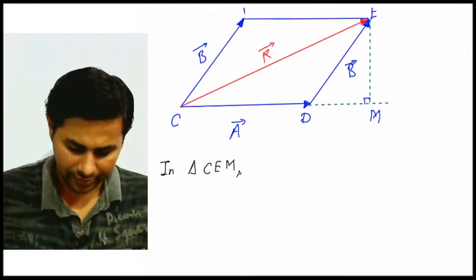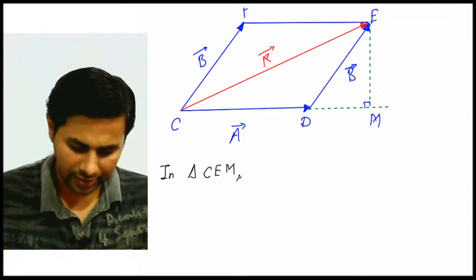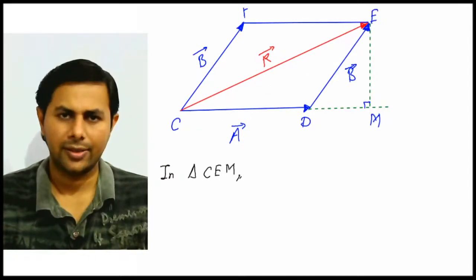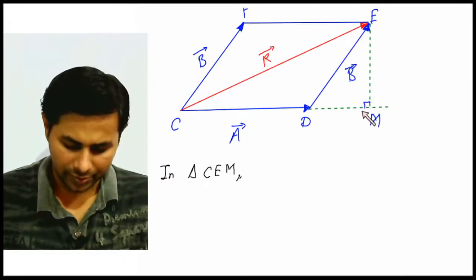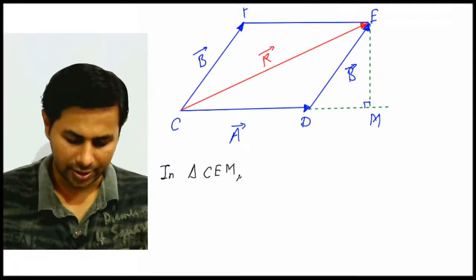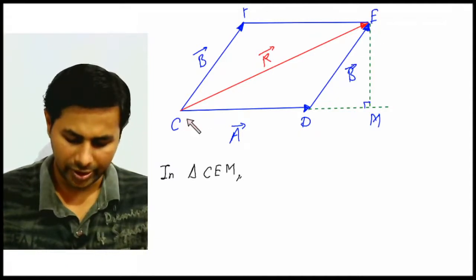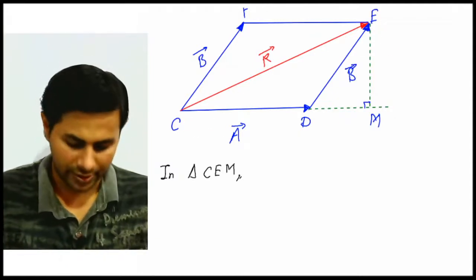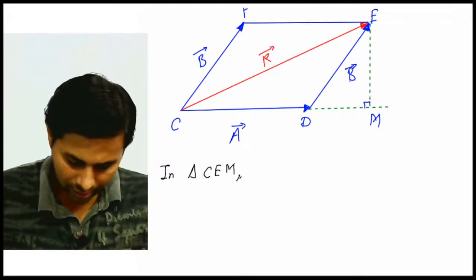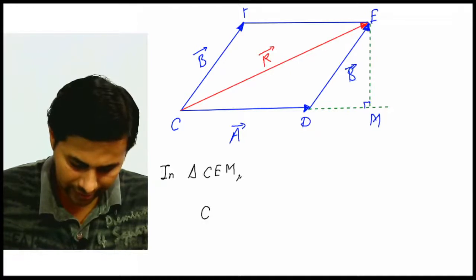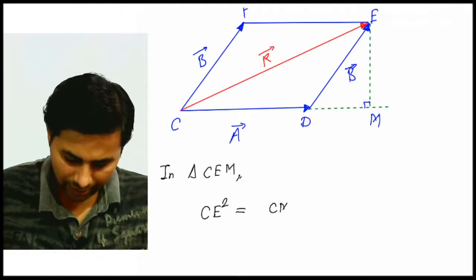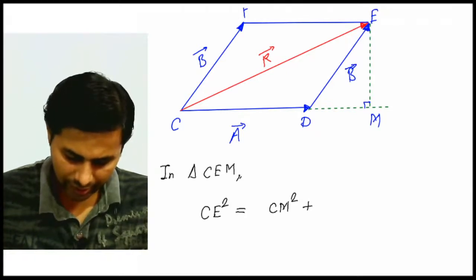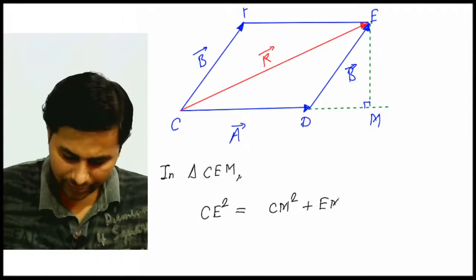I can say that R square, where R is magnitude of r bar, is equal to this side square plus this side square, or I can say CE square is equal to CM square plus EM square. So in triangle CEM by Pythagoras theorem, CE square is equal to CM squared plus EM squared.